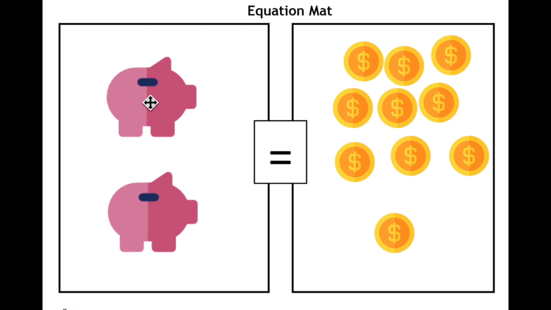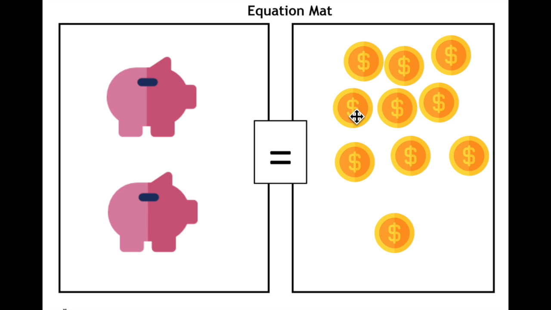Okay, but to figure this out, we need to go back to our most important rule. The number of coins on this side of the equation is equal to the number of coins on this side of the equation. And since there are no coins hanging out here, we know all the coins are inside the piggy bank.